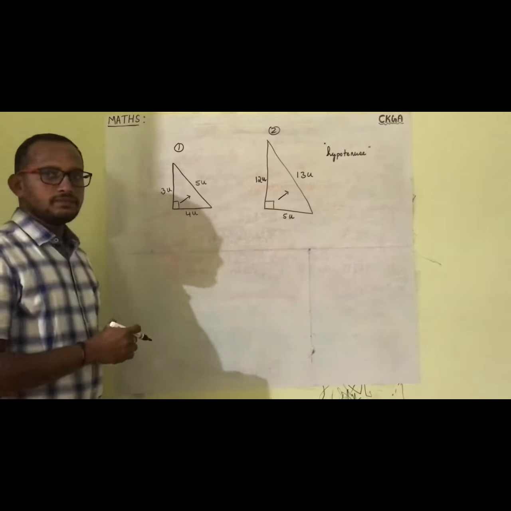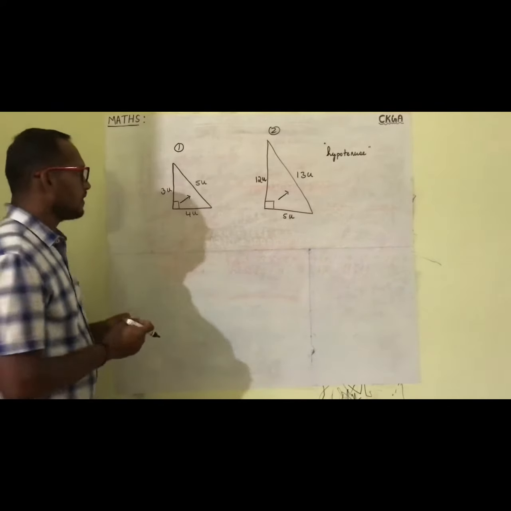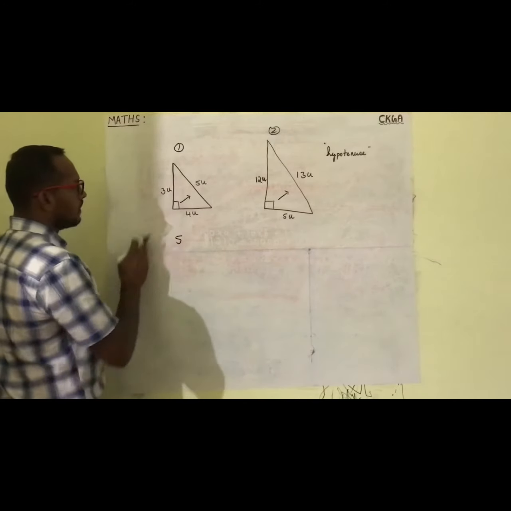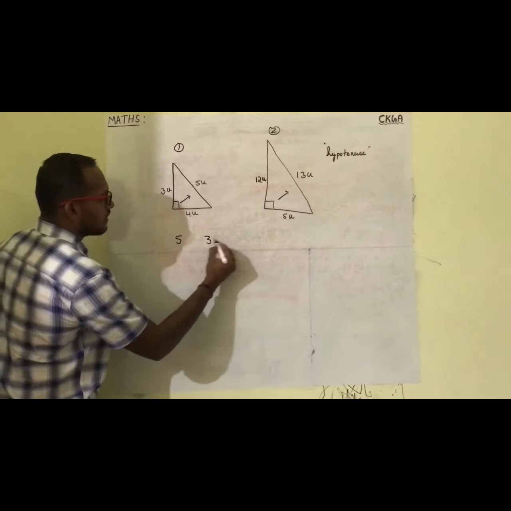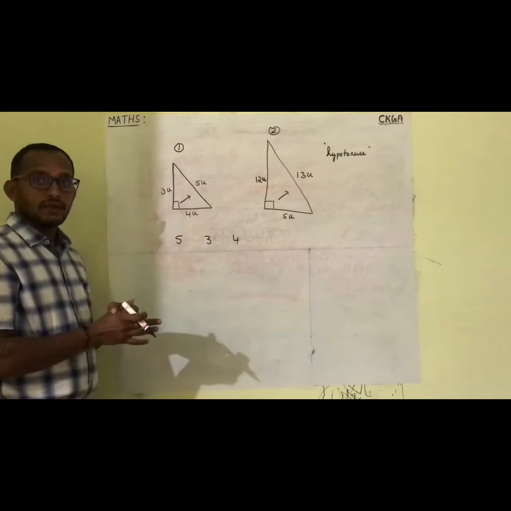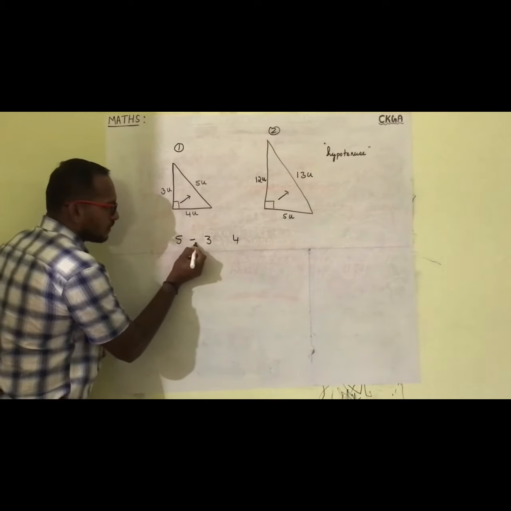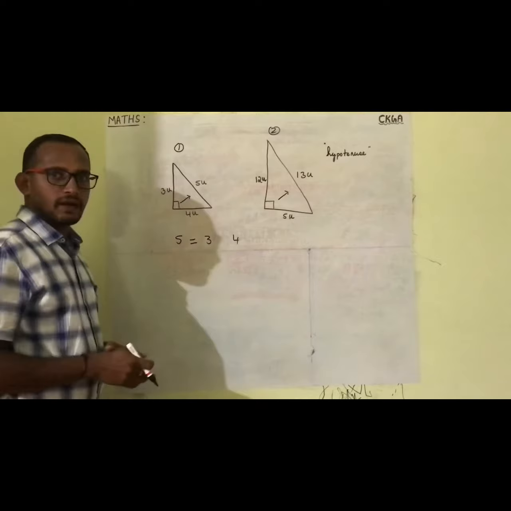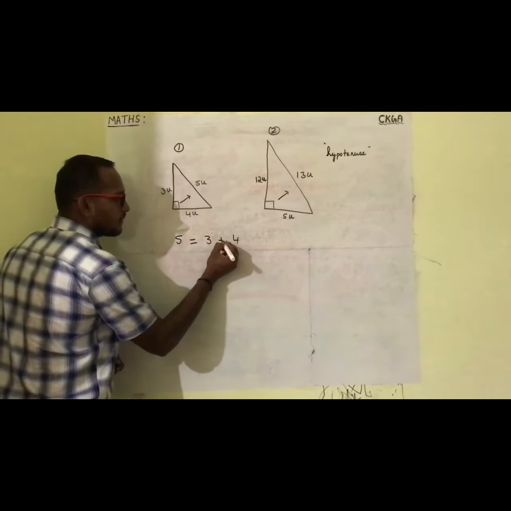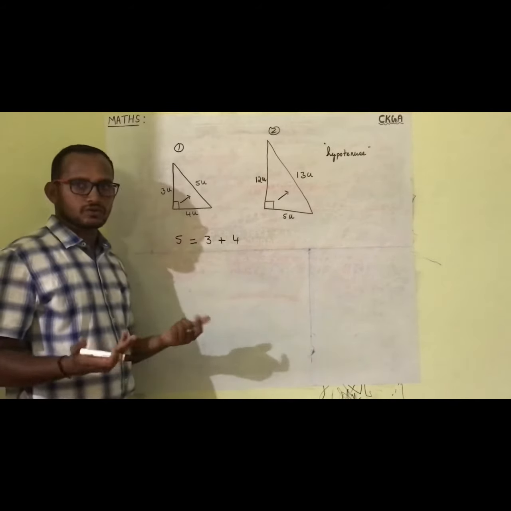Now let's get an idea about this right angle triangle. What it actually is. Observe the longest side, I'll take this 5, and I'll take the other 2 sides, 3 and 4. I will try to write an equation by using some strategy. If I write 5 equals 3 and 4, it is mathematically not possible. If I write 5 is equal to 3 plus 4, even then the maths is not possible because 5 will never equal 7.